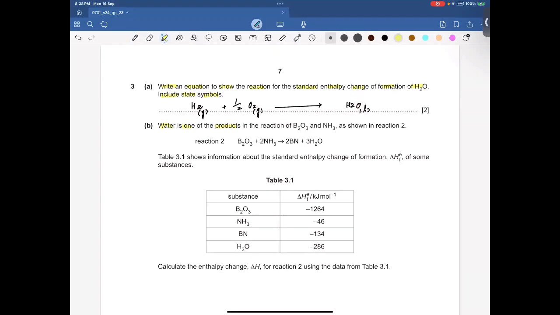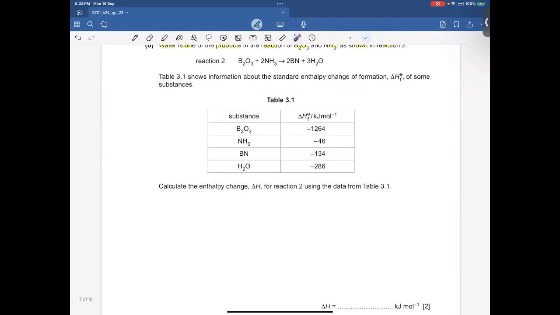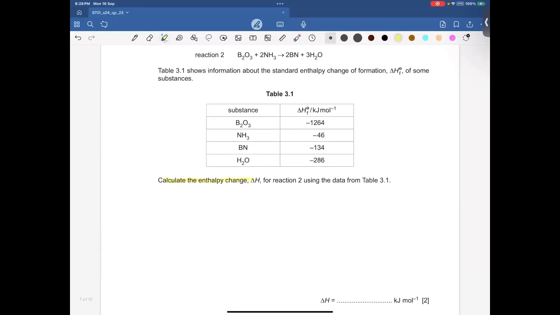Water is one of the products in the reaction of B2O3 and ammonia as shown in reaction 2. So guys, the examiner has given us the standard enthalpy change of formation data. So I'm going to make a thermochemical Hess cycle for this equation, and we need to find out the enthalpy change of reaction for reaction 2. Okay, let me write the equation first.